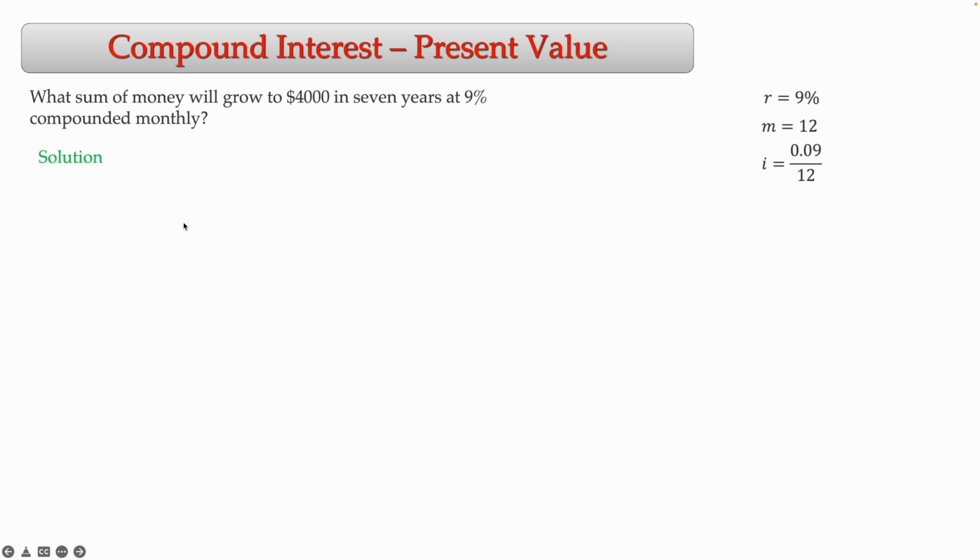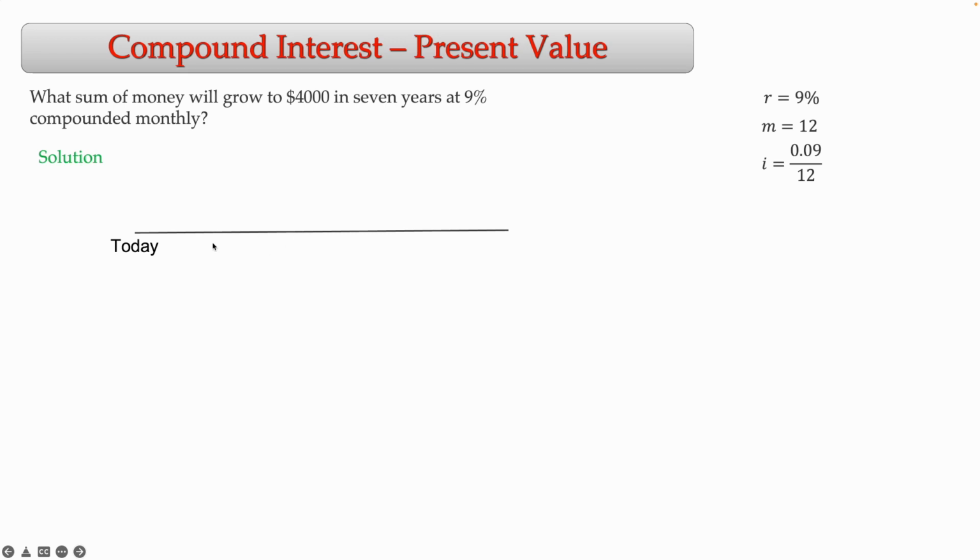We are always thinking in terms of time. So in our mind, we have a timeline, a line that represents the time. If we think that this first point is today, in 7 years the money will grow to 4,000.